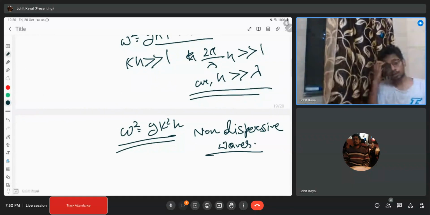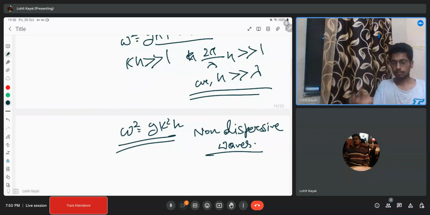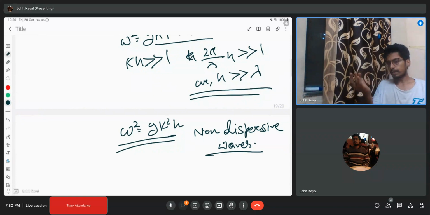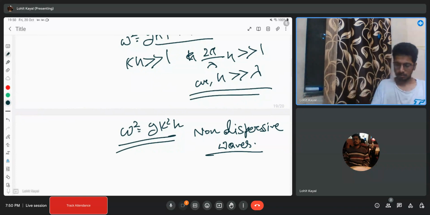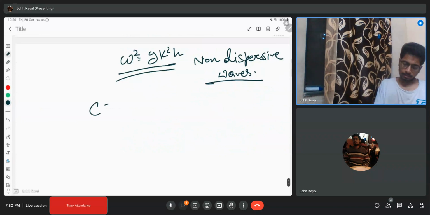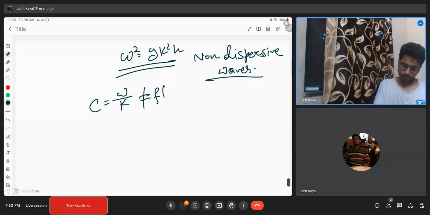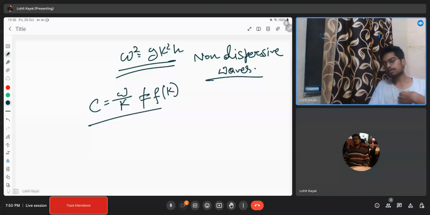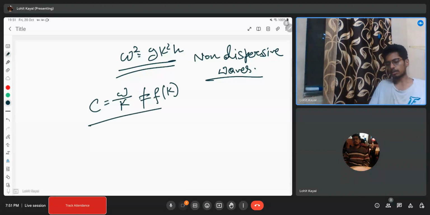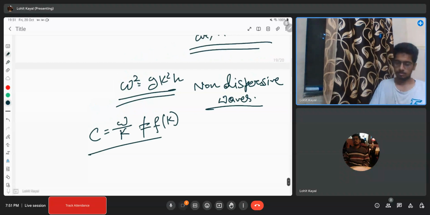What are non-dispersive waves? Non-dispersive waves are those waves whose phase velocity is independent of the wave vector. That means c is equal to omega by k is not a function of k. These waves are called non-dispersive waves. So the gravity waves in shallow water are non-dispersive waves.